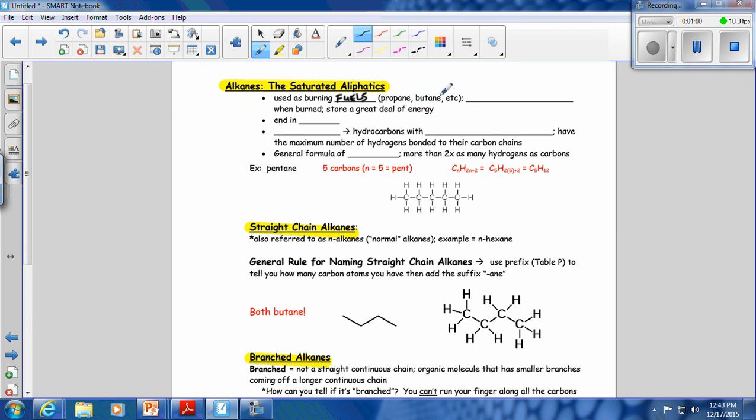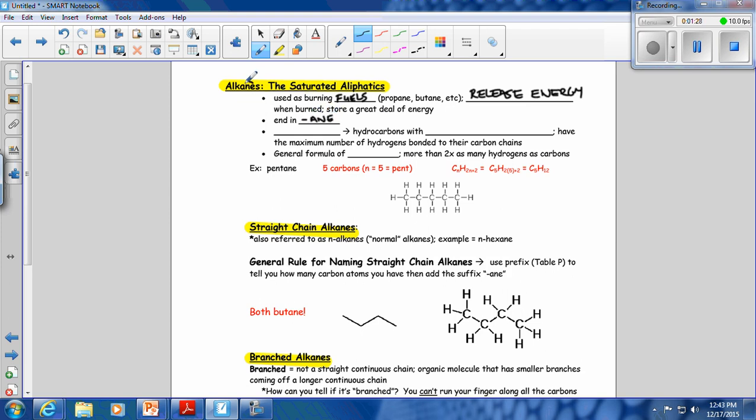What happens with these fuels is that you have the release of an enormous amount of energy. When these alkanes, specifically the propane and the butane, catch on fire, they release an enormous amount of energy. All of the alkanes will end in A-N-E.